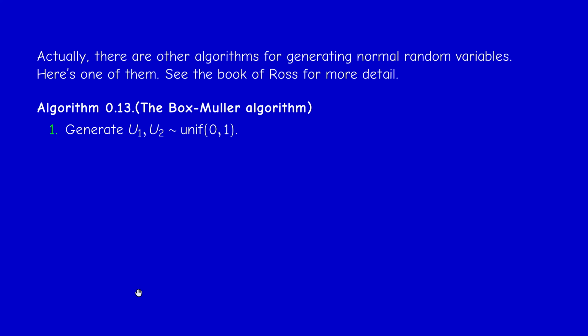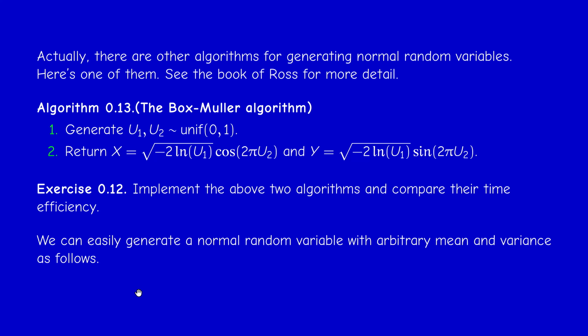First, we generate two uniform random numbers, u1 and u2, and then we take the first variable to be the square root of minus 2 ln u1 times cosine 2 pi u2. And take y to be the same thing but with sine.